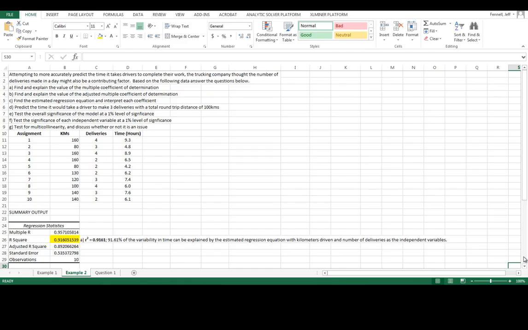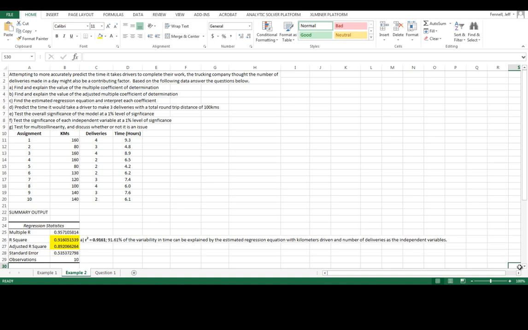In part B, we're asked to explain the value of the adjusted multiple coefficient of determination. So again, coefficient of determination, r-squared. And we have the adjusted r-squared value in this cell right here. Our interpretation of that is very similar to r-squared. But if we remember back to our notes, the difference between r-squared and the adjusted r-squared, which we deal with in multiple regression, is that r-squared can be falsely inflated as we add independent variables.